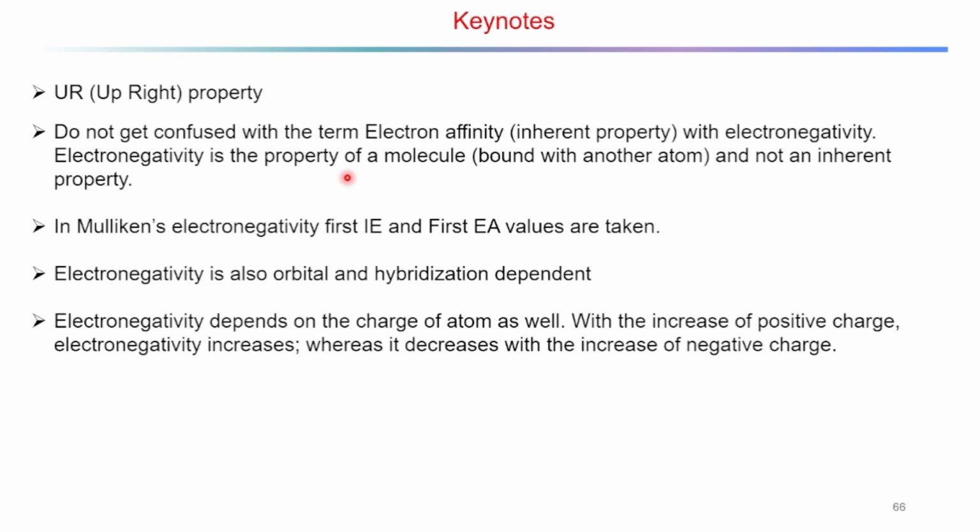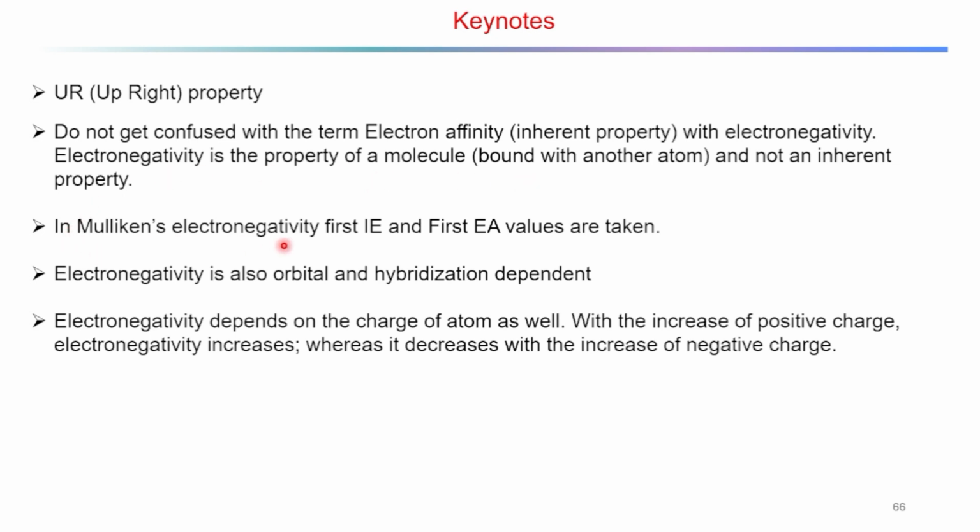So let's take an atom A. If you make a bond between A and B, another bond between A and C, and another bond between A and D, in all those cases the electronegativity of A will be different, because its environment is different; it is making a bond with different atoms.